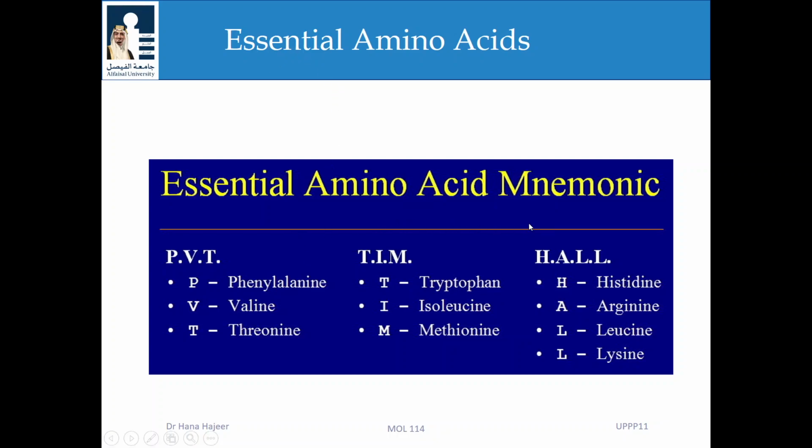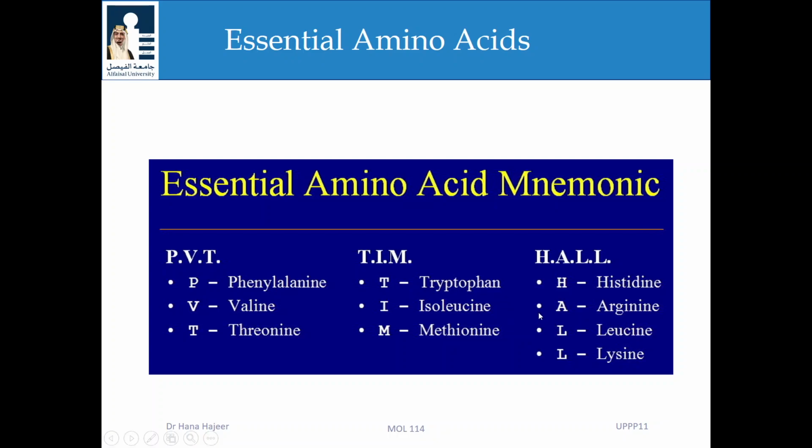There is a mnemonic. I always try to use mnemonics in biochemistry to remind you of difficult or multiple things to remember. Here we have PVT Tim Hall to remember the 10 essential amino acids, the ones that cannot be made in the body and you have to obtain them from the diet.